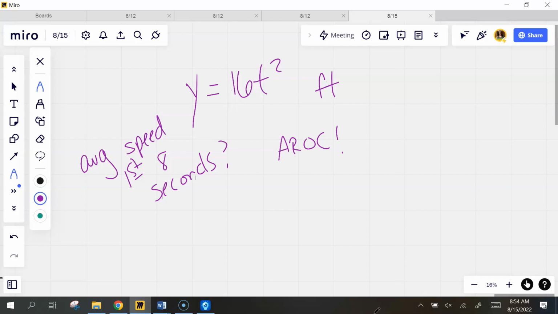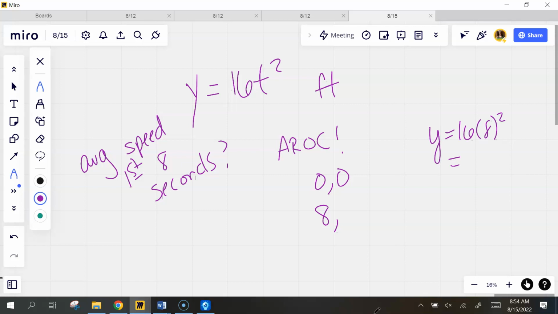Find the 2 points, you're exactly right. Find the 2 points and find the slope between them. What 2 points? Well, your starting point, which is obviously at time 0, and at time 0, what is your speed? 0. He hadn't hurled that rock yet because he's not mad enough to do it, but then he's mad enough to do it. And 8 seconds later, here's where you plug it in.